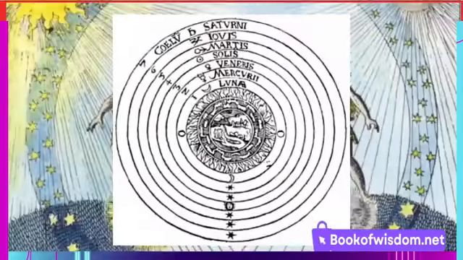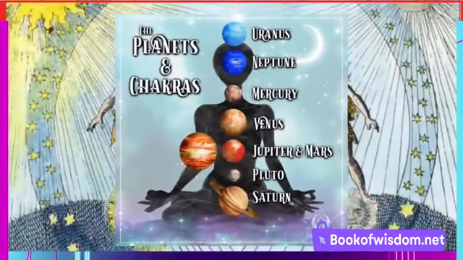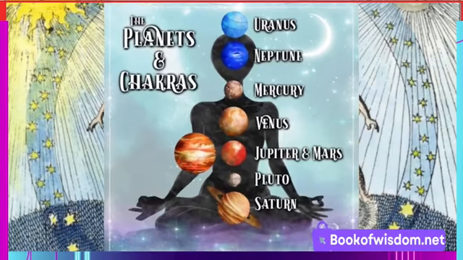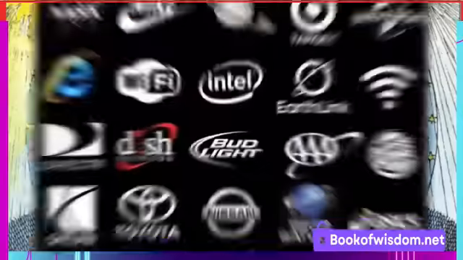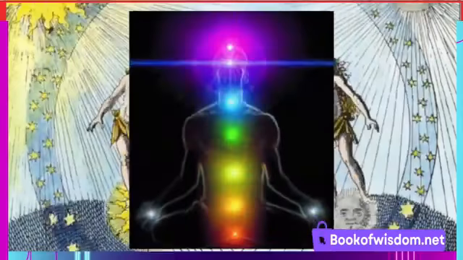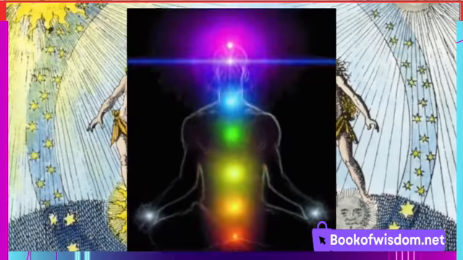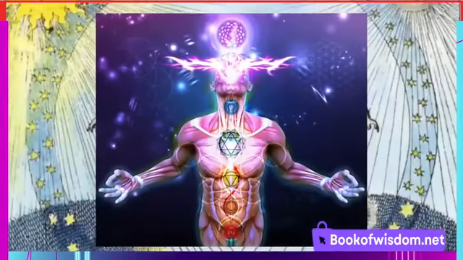So the 7 planets are associated with each of the 7 chakras. The lowest chakra being the root chakra, which is associated with Saturn. This is why the elites love Saturn and reflect it in all of their symbols, because the chakras are an ascension of spiritual principles, starting from the material and ascending up to the spiritual, the crown chakra.